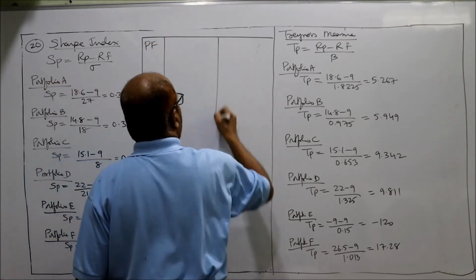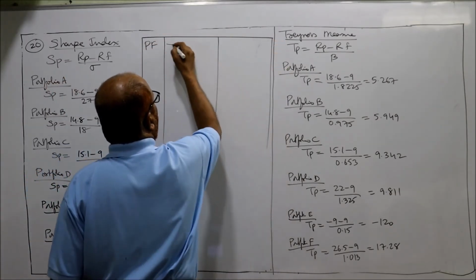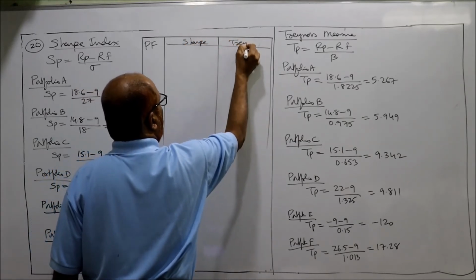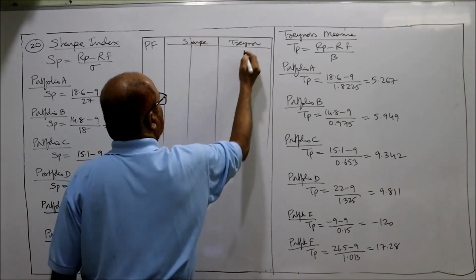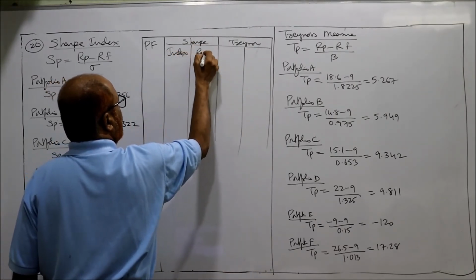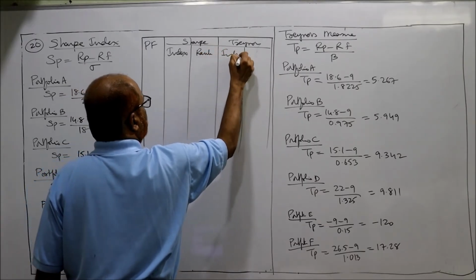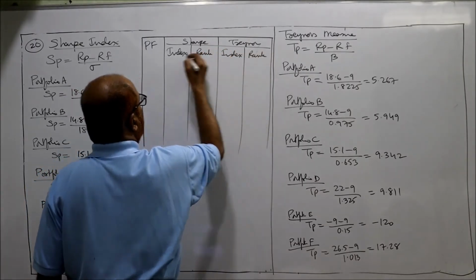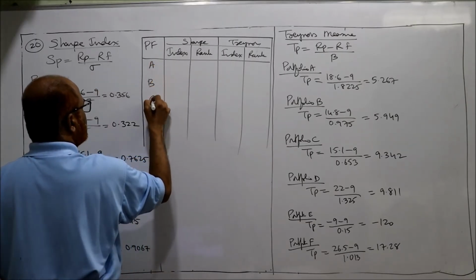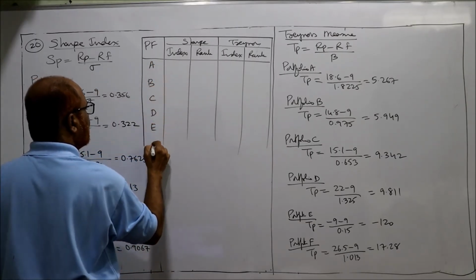Then two broad columns: one for Sharpe, another for Treynor, each with index and rank. So portfolio A, B, C, D, E, F.